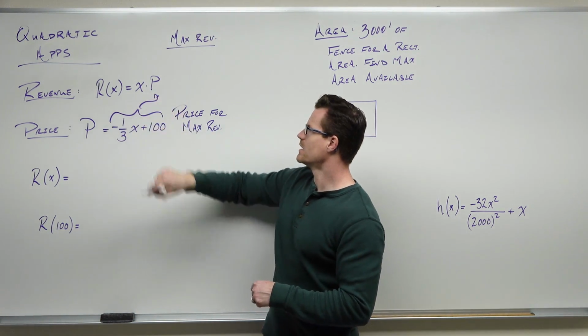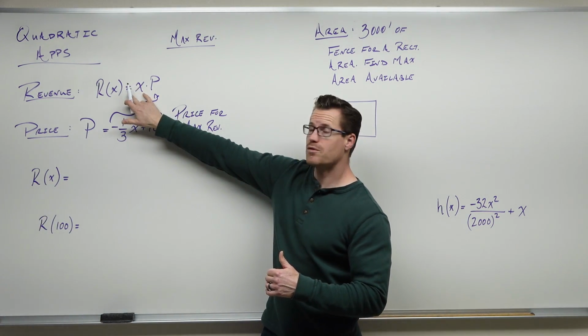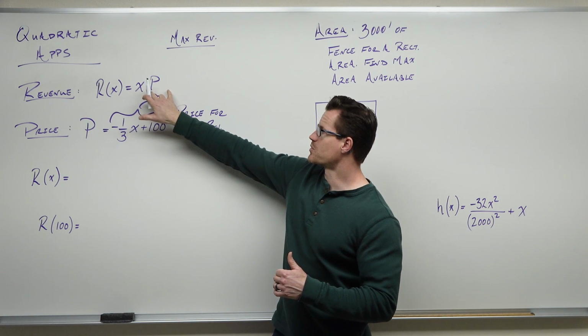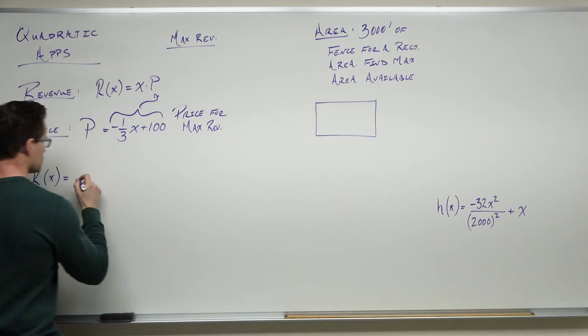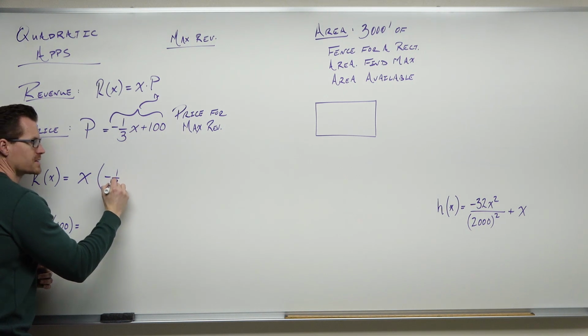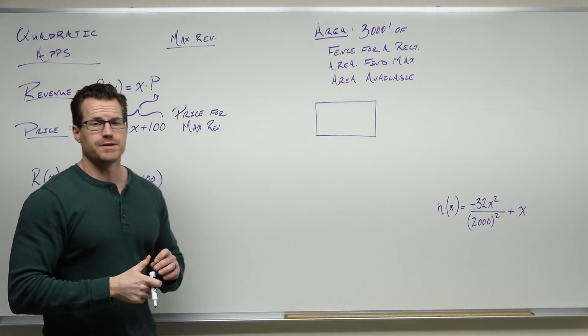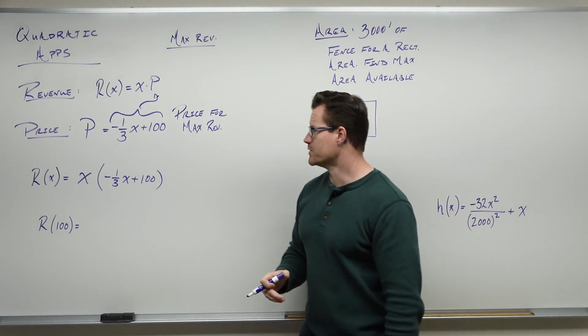If I want to find my revenue, I just need to multiply the number of items I'm selling times the price of each item. That gives us a very nice look at a revenue function.